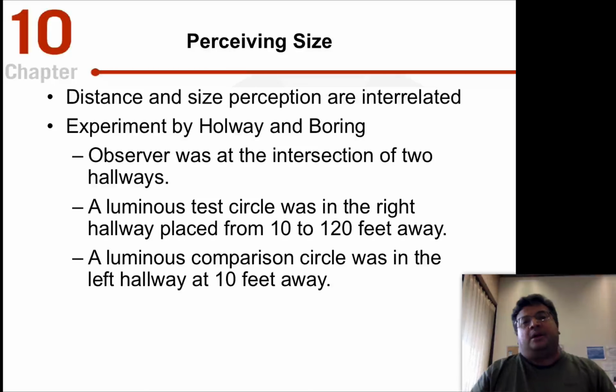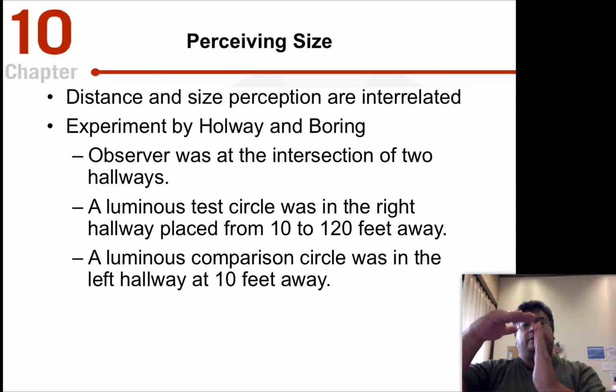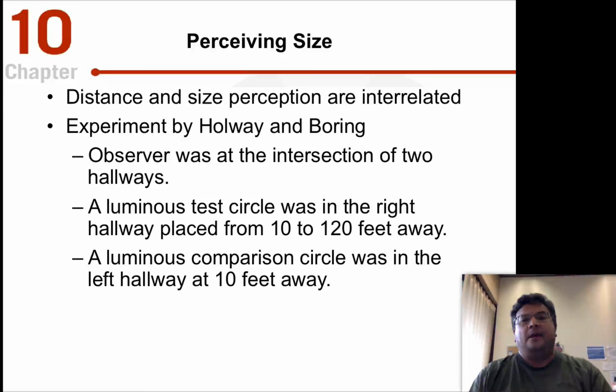There was a very well-known experiment reported by Holway and Boring. So what happened was a person sat at the intersection of two hallways. There was a hallway that was running this way and a hallway that was running that way. The person sat right where the hallways intersected.